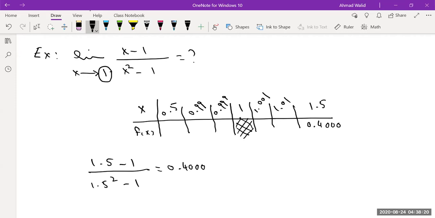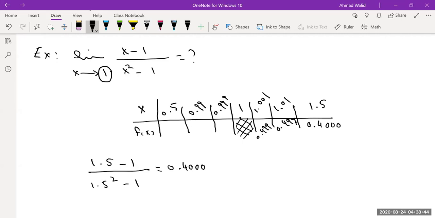0.4000. If you plug in 1.01 in your function, it gives you 0.497. If you plug in 1.001 in your function, it gives you 0.499.